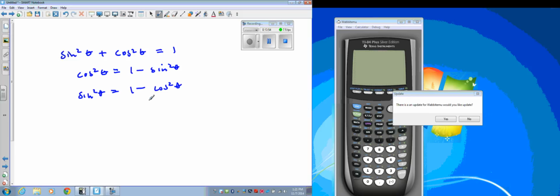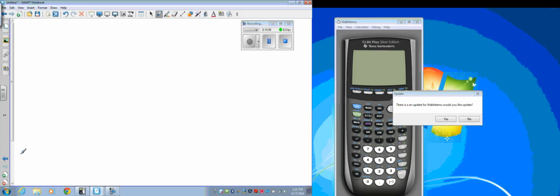Okay, so let's look at 203, and we'll go around the room. I'll do the first one. Notice it says tangent of theta equals 2.6.